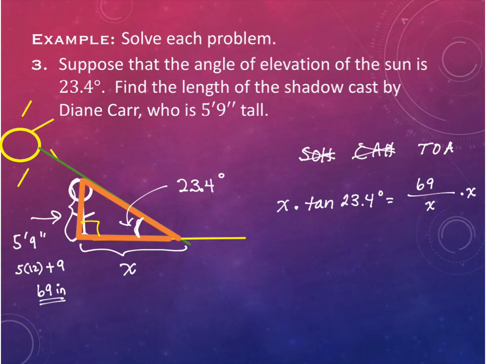We kind of are, but we've got to get the x out of the denominator. So we do need to move the x. So at this point, if I think about writing what I have out, it looks like this. What would be the next step to solve for x? Yeah, we would divide by the tangent, not just the 23, but the tangent of 23.4 degrees.